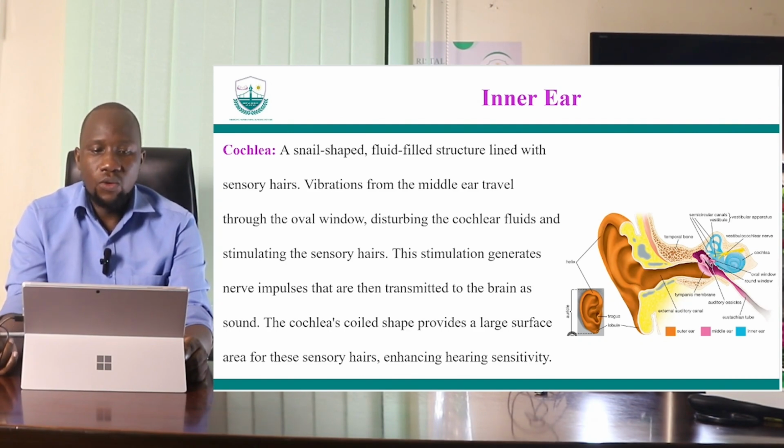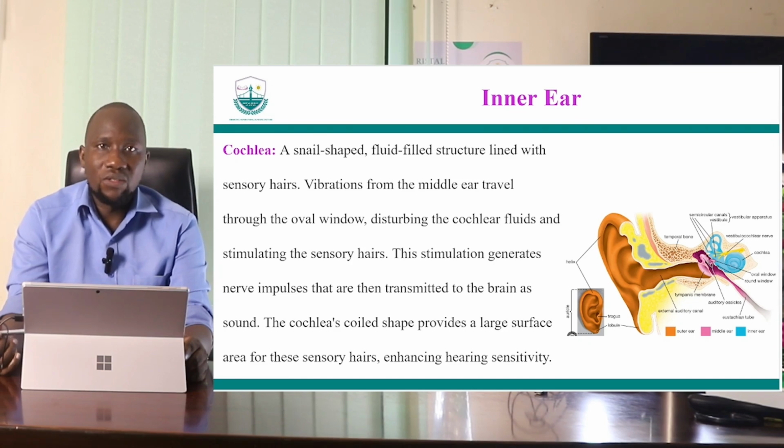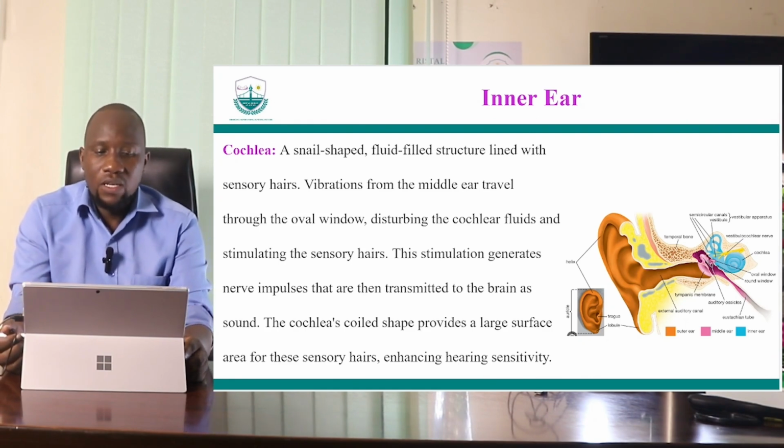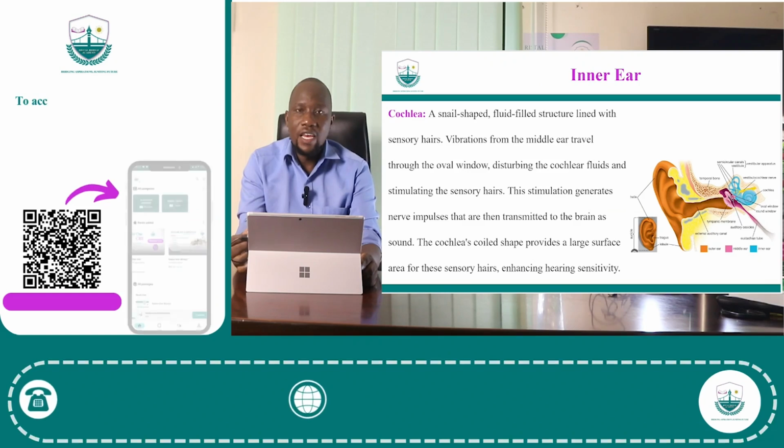Okay, so when the vibrations through the bones reach the inner ear, they make the fluid in this cochlea also transmit vibrations and cause generation of impulses. Okay, so impulses are generated in the inner ear.